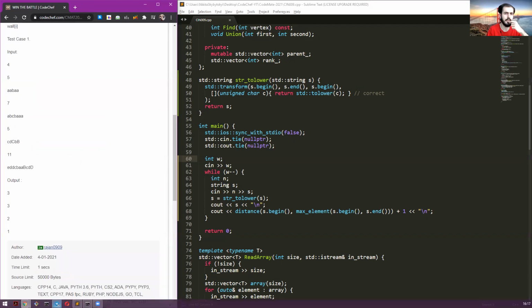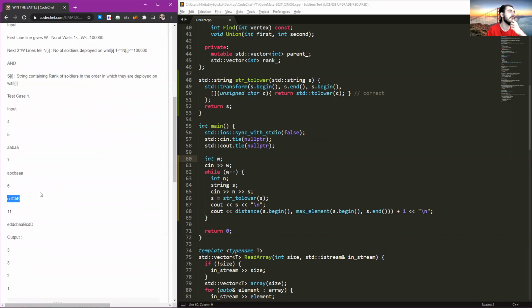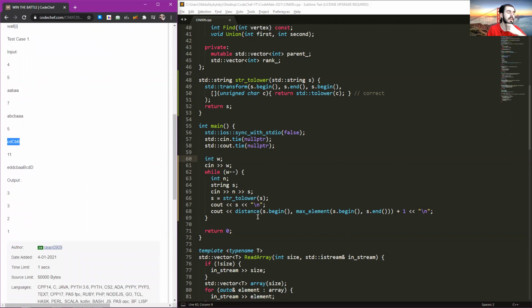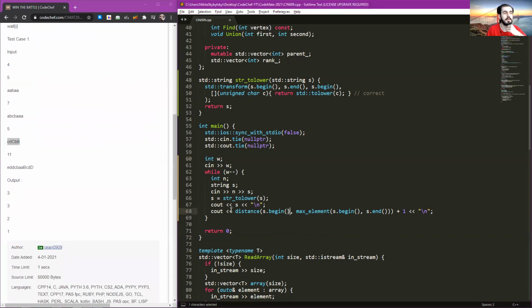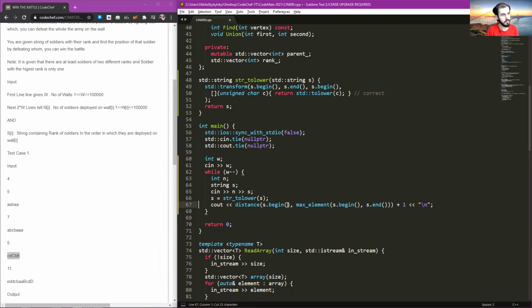I don't think we can do it like this during the contest. Okay, so they made some bug. Because of that bug, this solution does not work. So this converts.